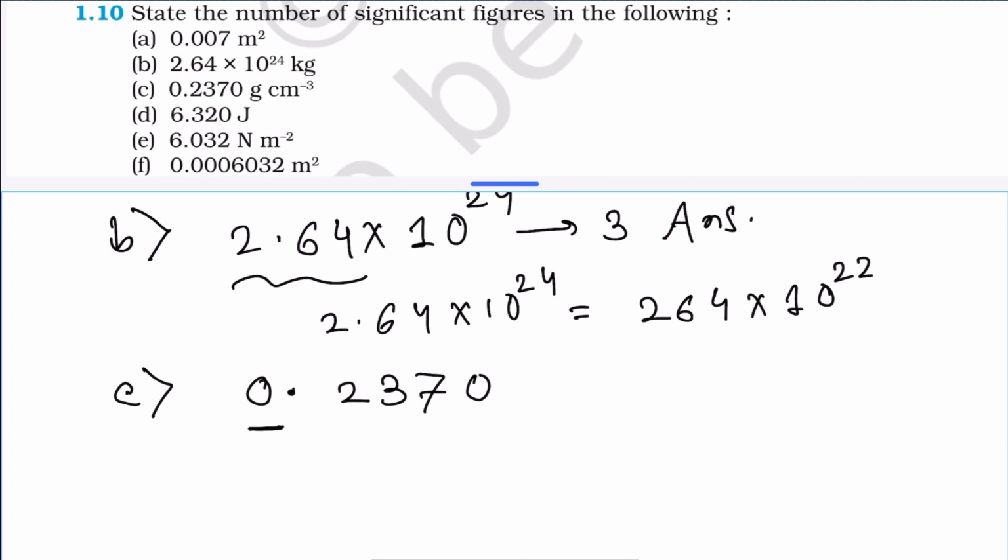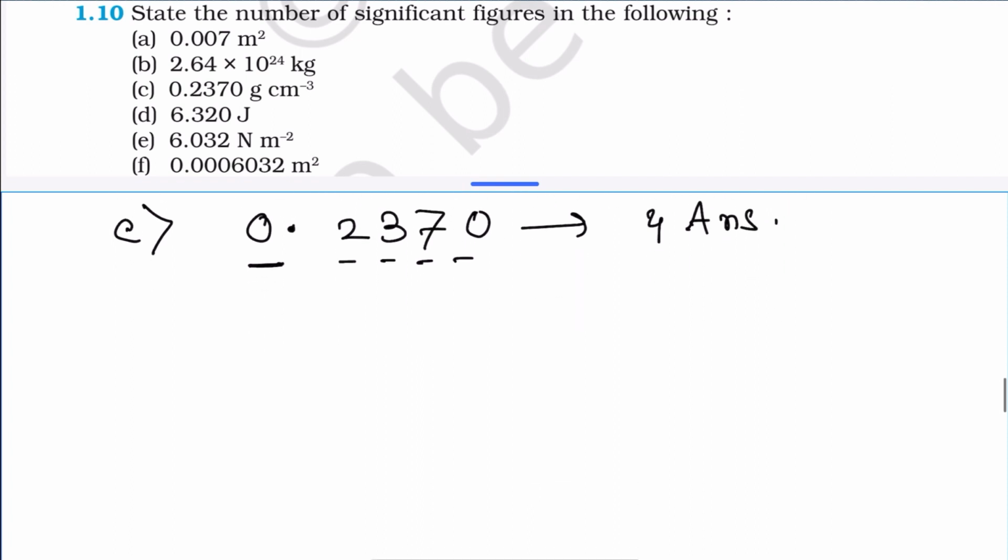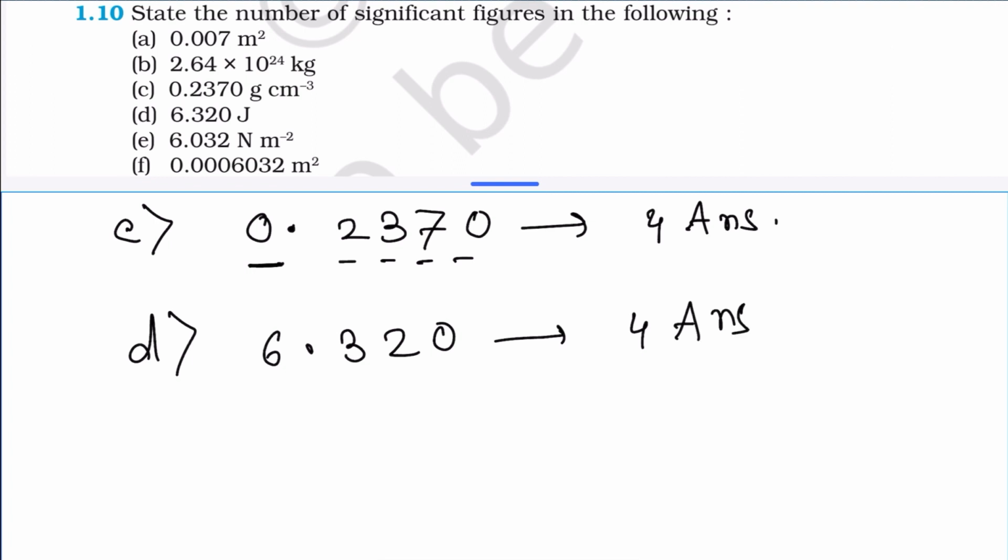Now for the right-sided zero, I cannot apply the condition because the decimal is available, so the answer is 4. 1, 2, 3, 4, 4 is the answer here. Now D, what is the number? 6.320. On the right side only one zero is there, but the decimal is available, so I cannot ignore it. So the answer is again 4.